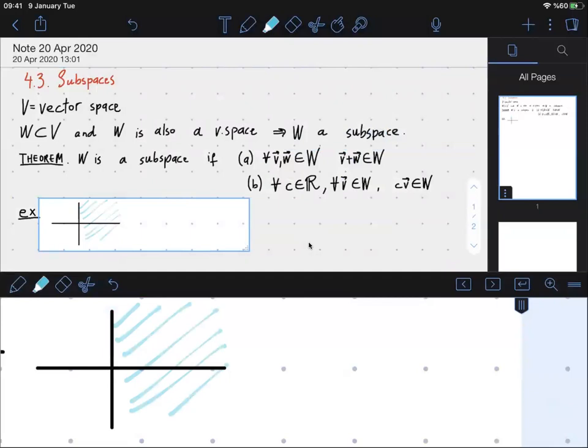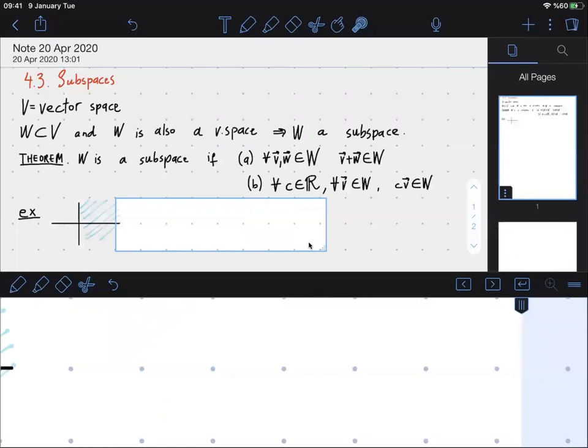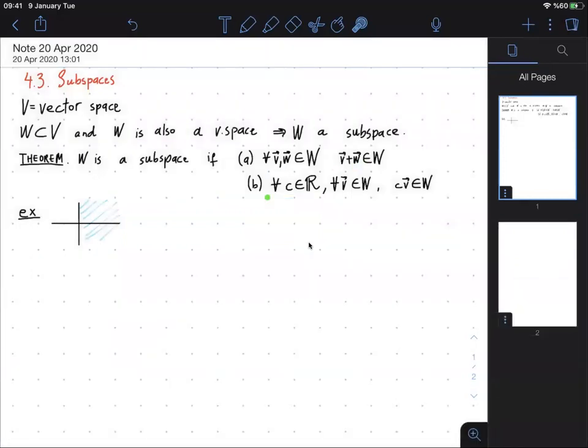Whether the right portion of the plane is a subspace. What should be verified are these two conditions. If these two conditions are verified, then this blue part is a subspace of R2. And then we showed that they are not all satisfied.